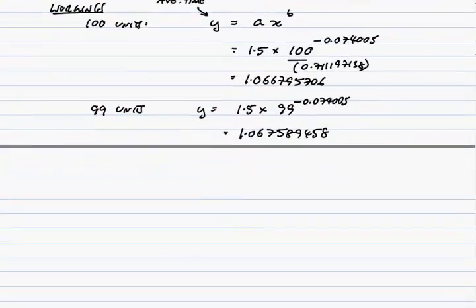Now I can get the variable cost, the marginal cost. It's the materials, they're variable, plus the labour.